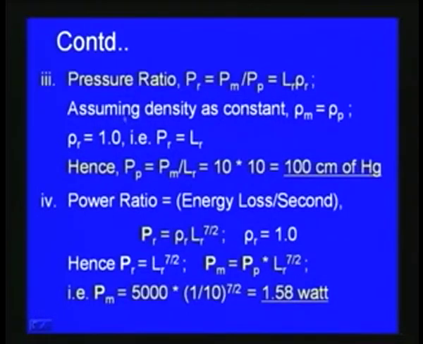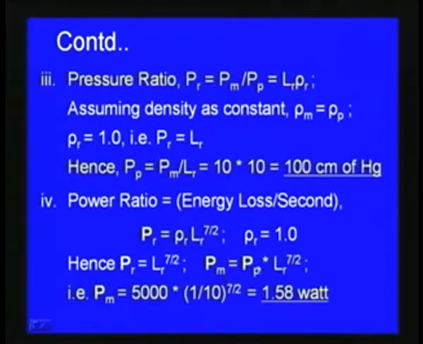This is the third part of the problem, and the fourth part is to determine the power ratio, which is the energy loss per second. We can write Pr is equal to rho r Lr to the power 7/2. The density ratio rho r is 1, so the power ratio Pr is equal to Lr to the power 7/2.